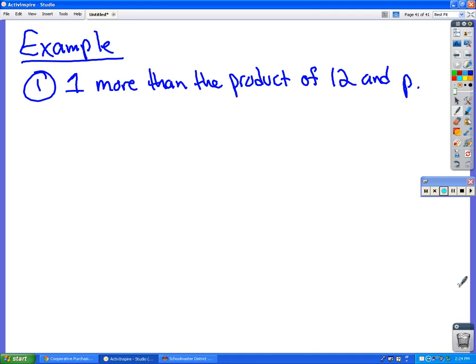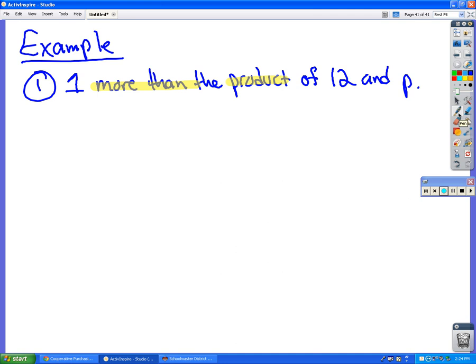One more than the product of 12 and p. All right, so when we take a look at these things, what are the math words that jump out at you? Right here. More than. Okay, more than is one of them. And what's the other one? Kara? Product. Product. Okay, and so more than obviously means addition, and product means multiplication.